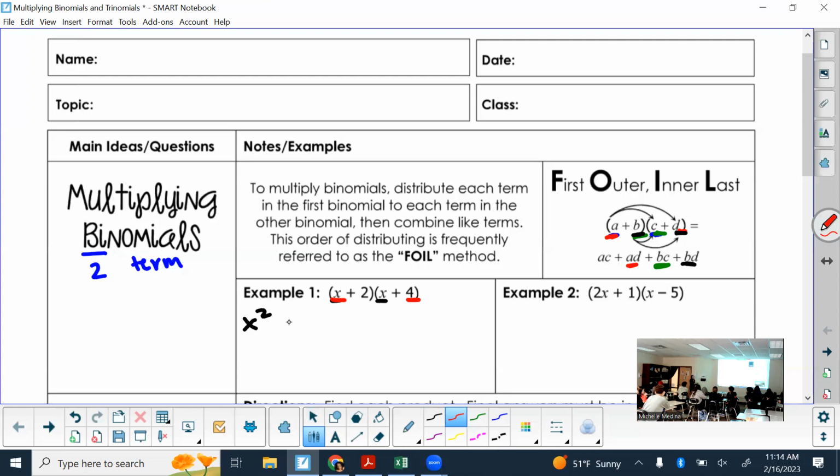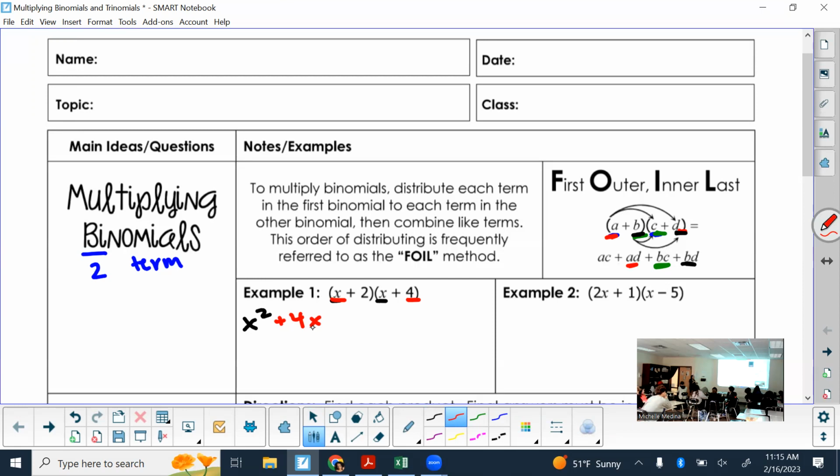What is it? Don't overthink it. What operation is implied when the numbers are squished together? Multiplication. So, the coefficient in front of the X is 1. 1 times 4 is 4. And then the X is still there. It doesn't magically go away.